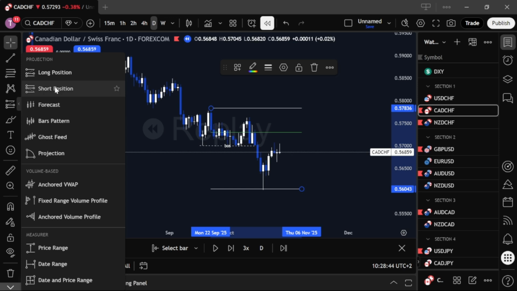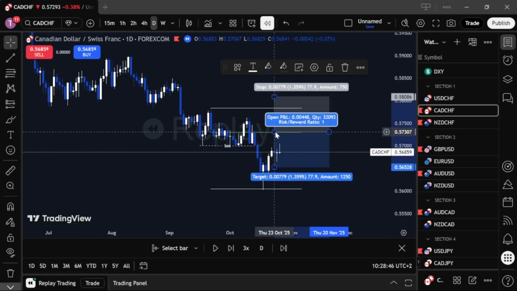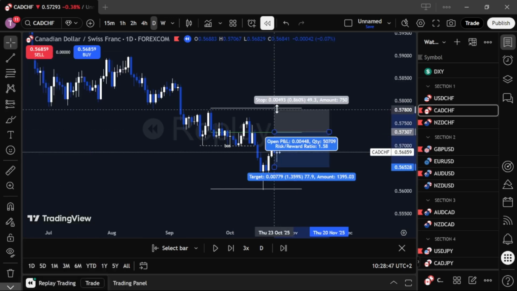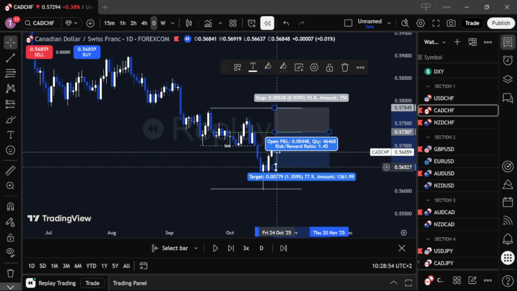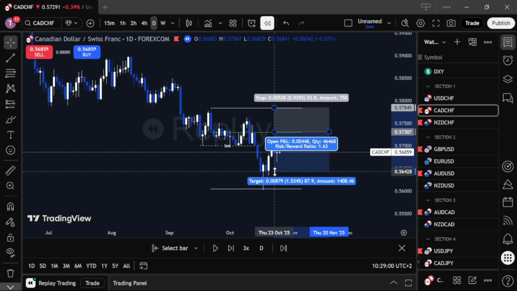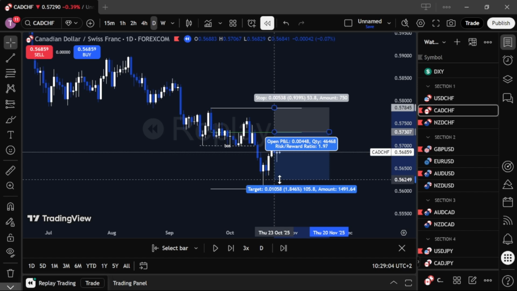So my entry was right there with my stop loss just above the high. And as always, I'm always looking for 1:2. So it has to be like 106.